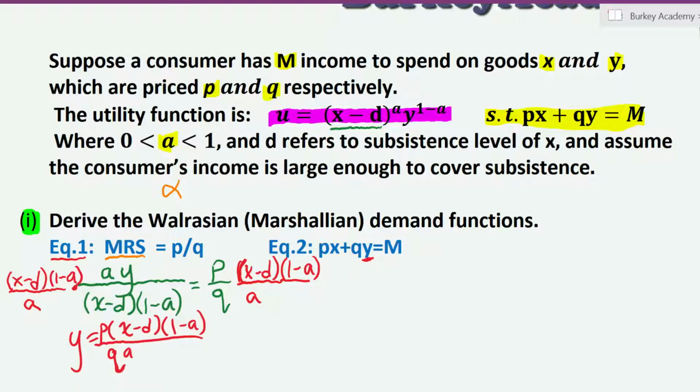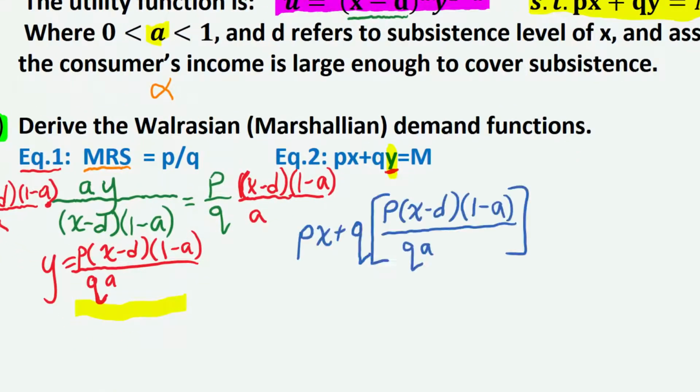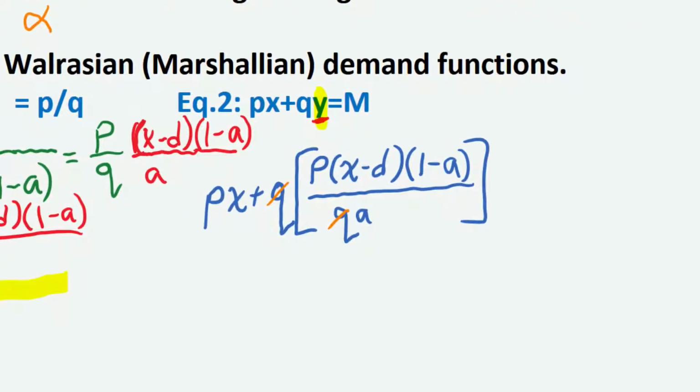Okay, now we're going to plug that whole thing into the budget equation over here for y, and then we'll see what starts to simplify. We can see right off the bat that this q here and that q are going to go away. Let me finish the rest of this equation, equals m.